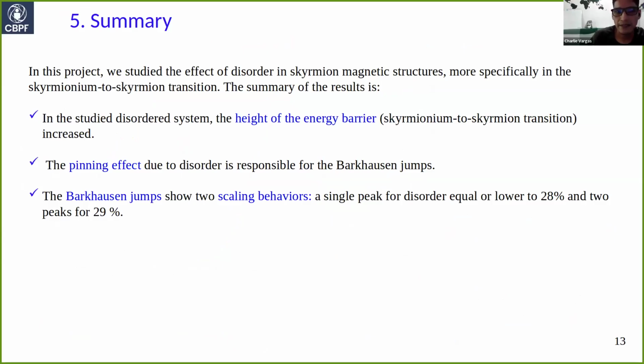Also, we observe that the Barkhausen jumps are due to the pinning effect of the domain walls of the skyrmion and skyrmionium structures. And finally, we observe two behaviors in the frequency of Barkhausen jumps. At the moment, we are trying to understand these results.